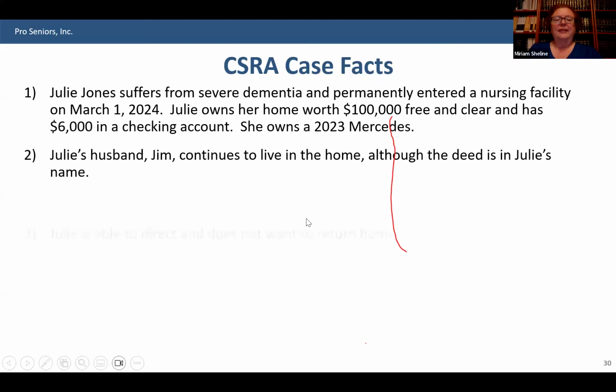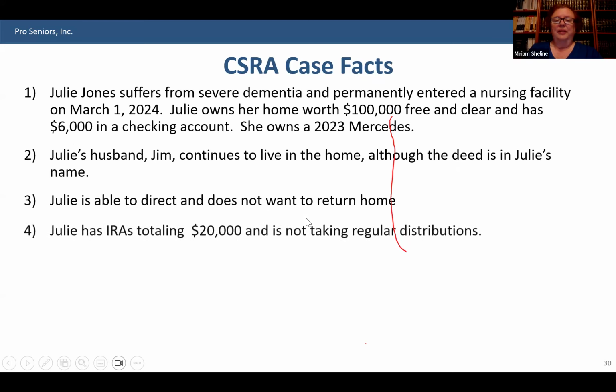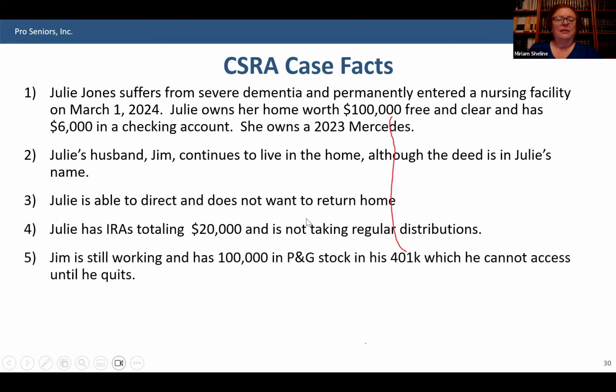What if we change our facts again a little bit? Julie has an IRA totaling 20,000, is not taking regular distributions, but Jim is working and has 100,000 in P&G stock in his 401k, which he cannot access until he quits. Well, this changes our facts.